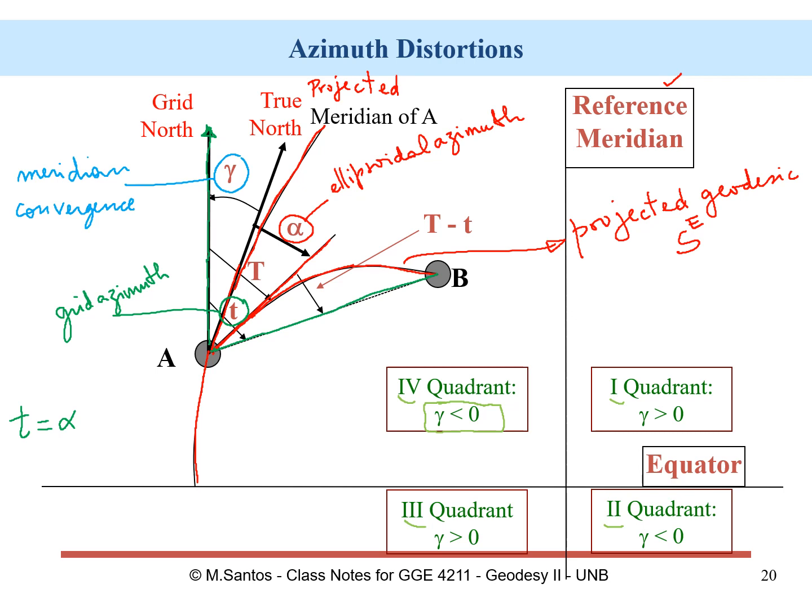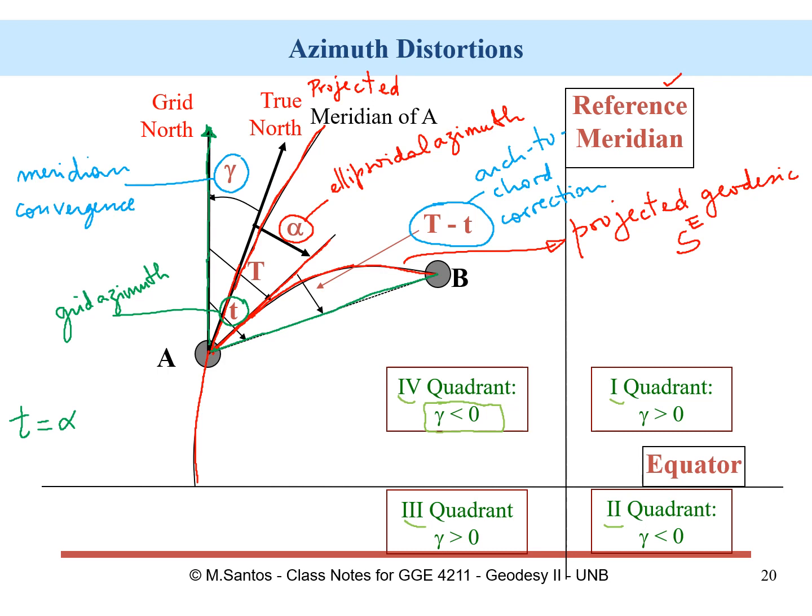The other angle is the T minus t correction. This is the arc-to-chord correction. T minus t because it is capital T minus lowercase t. Lowercase t is the grid azimuth.